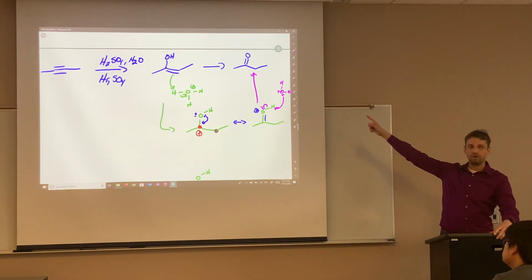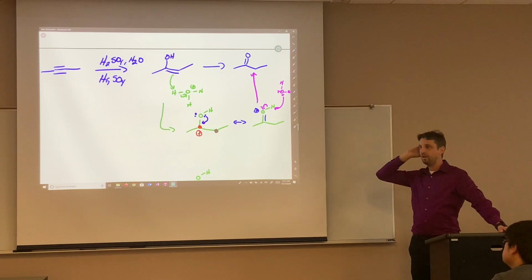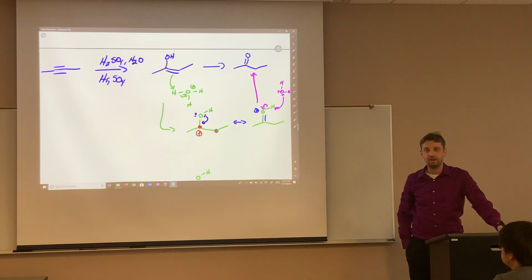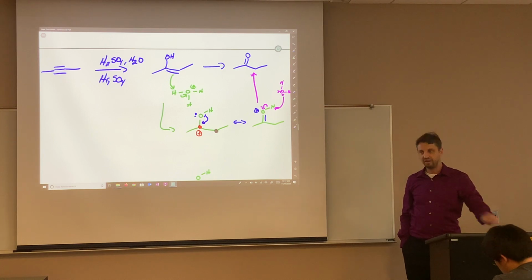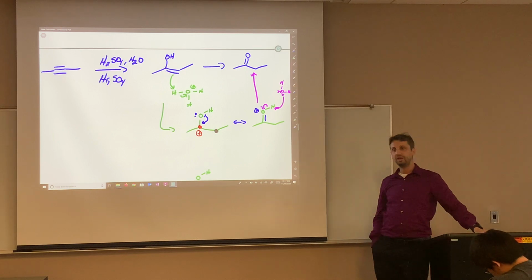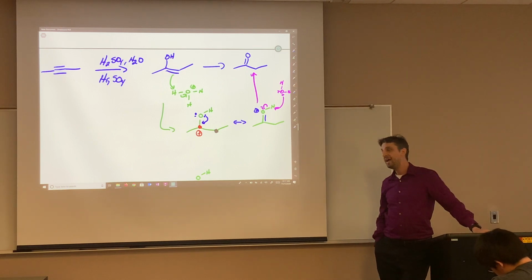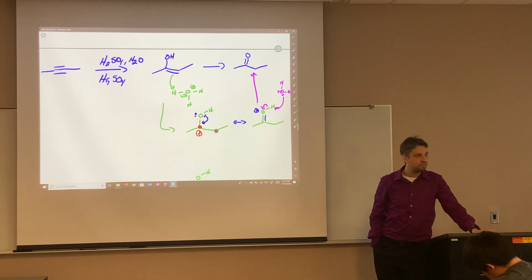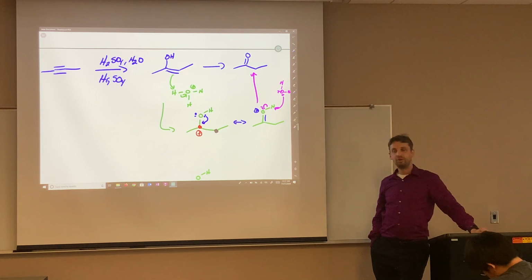Did we lose any carbons while we're doing this? Nope. Is this the only reaction we know then to make a ketone without losing carbons? Yes. Do you think that'd be an important kind of pin to put in our brain there? Say, hey, look, now I can make a ketone at the most substituted carbon with no carbocation shifts and rearrangements. You guys got it?